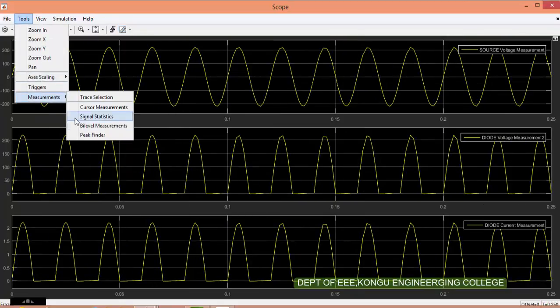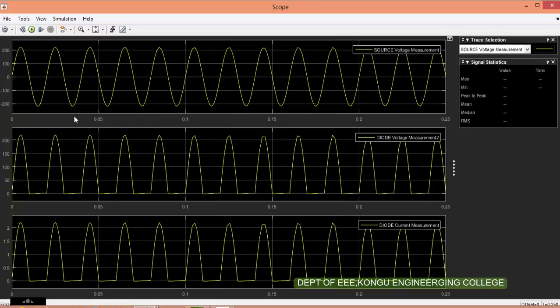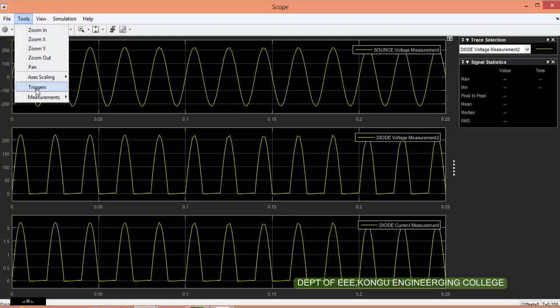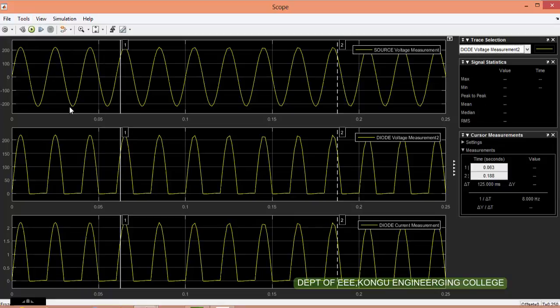Next, go to measurement, go to signal statistics. When you run, you can see that it gives the signal statistics for diode voltage.